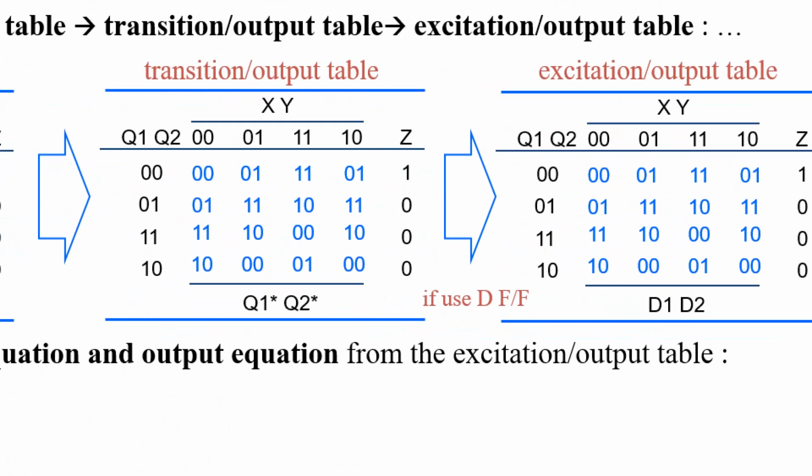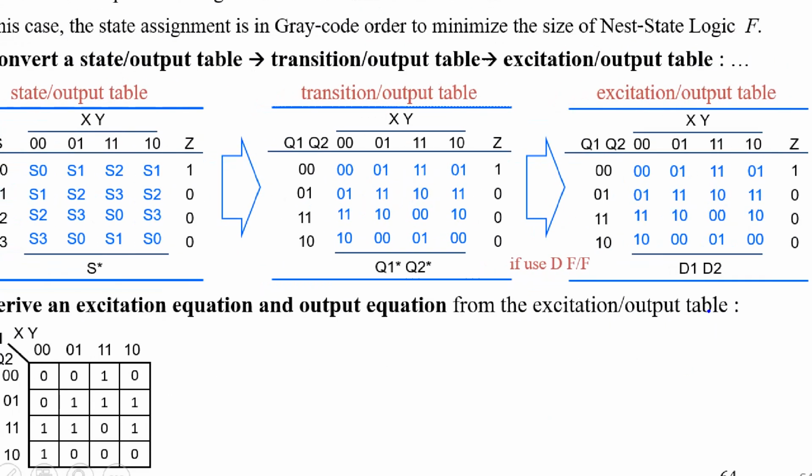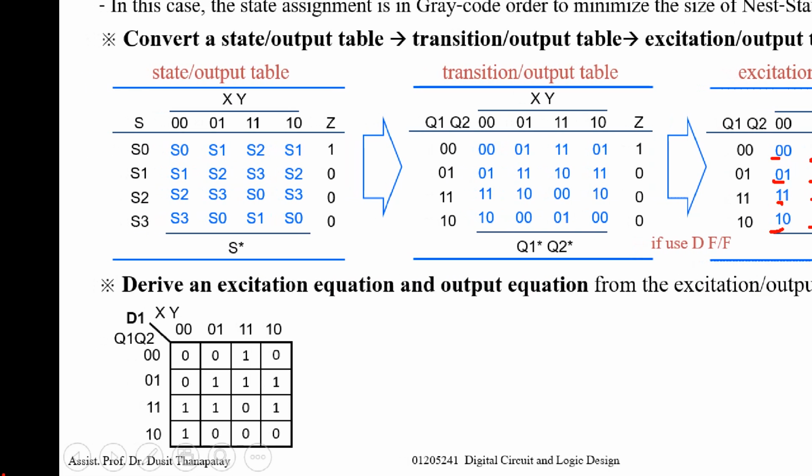For D1, it is this bit: 0, 0, 1, 1, 0, 1, 1, 0, 1, 1, 0, 0, 0, 1, 1, 0. You just copy this one and write it down in the Kmap, right?